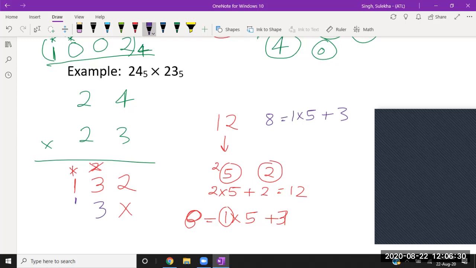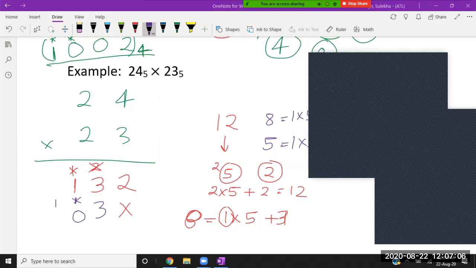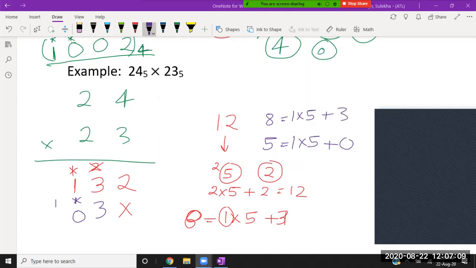Now I will do 2 into 2, that is 4, plus that carry, that is 5. So this 5 I can write as a pair of 5 a single time plus 0. This 0 is here, and since I have already utilized the previous carry, for the next step my carry is 1, and since there is no further multiplication, I am writing this 1 as a number.